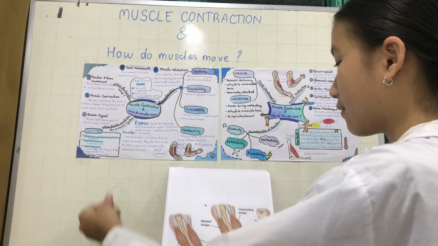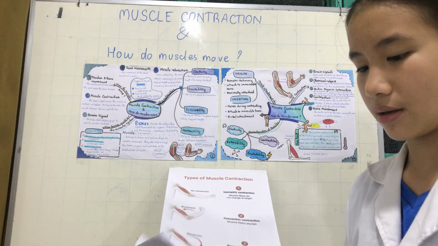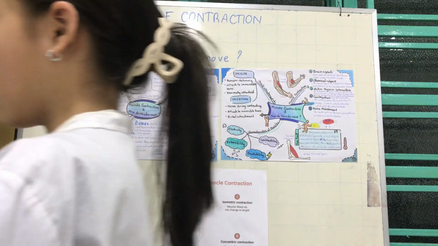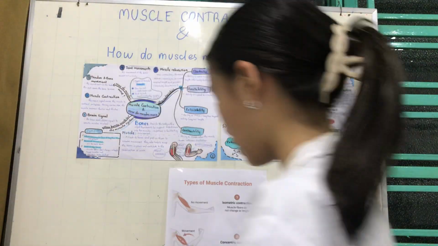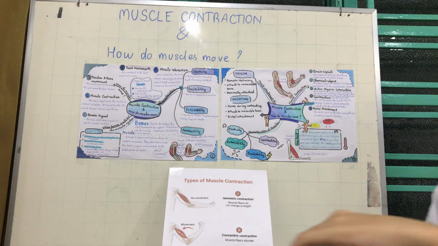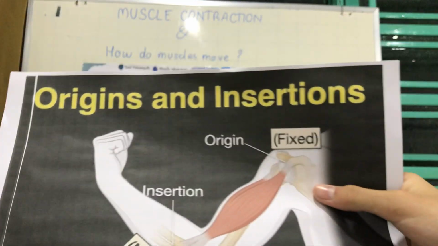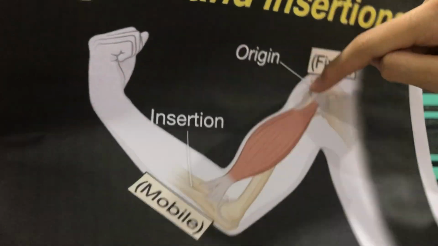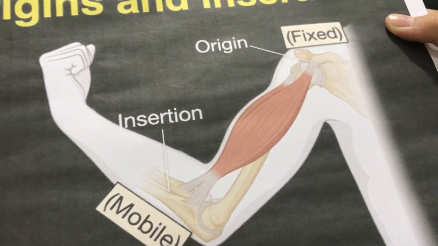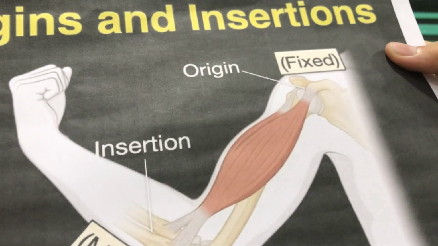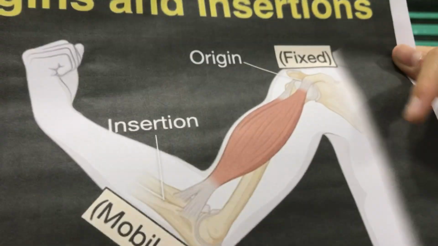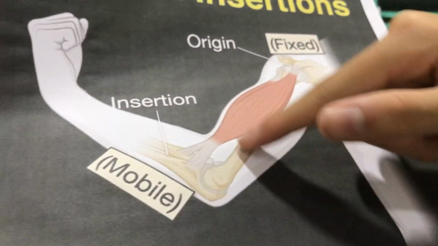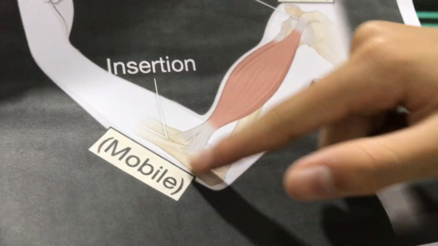So let me give you an example, a picture of that. Okay, so this is a picture of the origin and the insertion. As you can see, the origin is the fixed anchor, and it is proximally attached, which means that it's closer to the main body than the insertion, which is distally attached, and it is the mobile part.